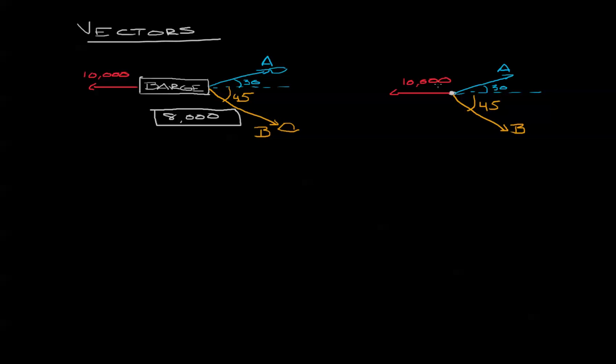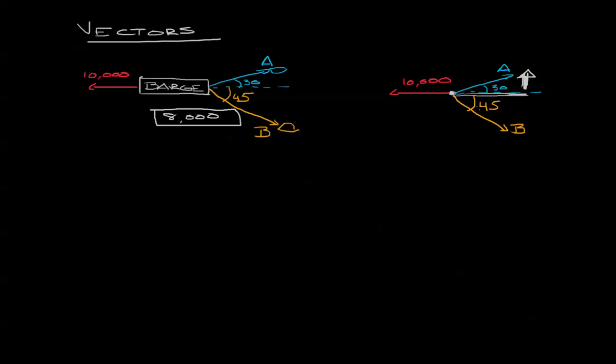Now there's a couple ways to solve this. The first way we're going to do is start off and think, what's really happening here? We're going to try and intuit our way through. Well, if we look at tugboat A and tugboat B, we see that tugboat A is pulling up. It's pulling in the diagonal direction, and there are components of that. Most of it's pulling horizontally, and then a fair bit's pulling vertically as well.